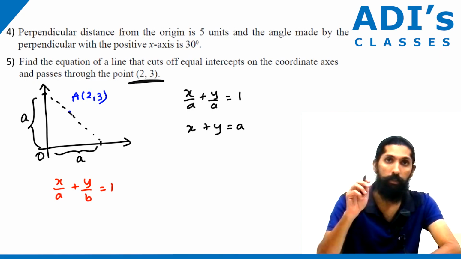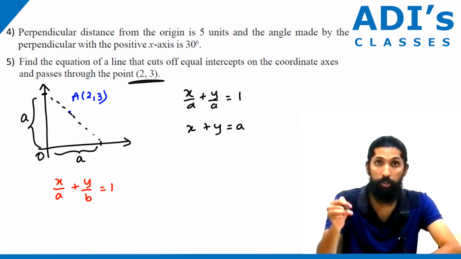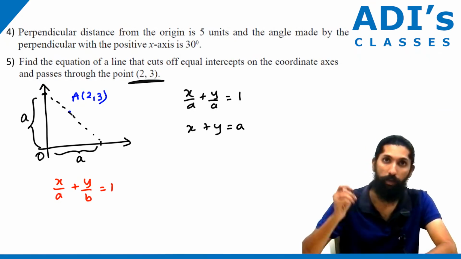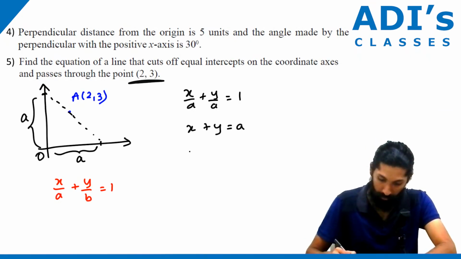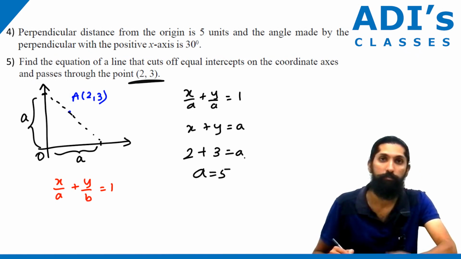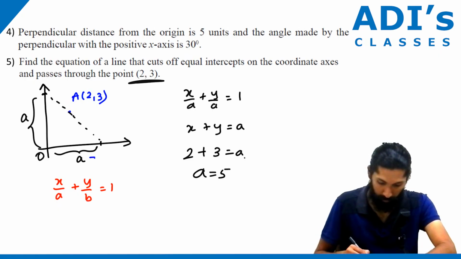Because if you substitute a point on the line, it should satisfy the equation, isn't it? x as 2, y as 3. So we get 2 plus 3 is equal to a. The a value we got is 5. Correct? So a value is 5. That means this value is 5, so this value is also equal to 5.